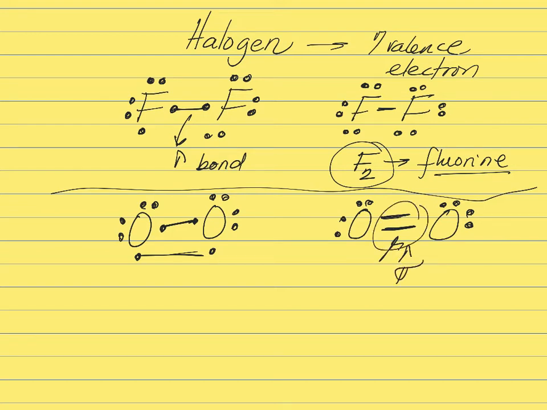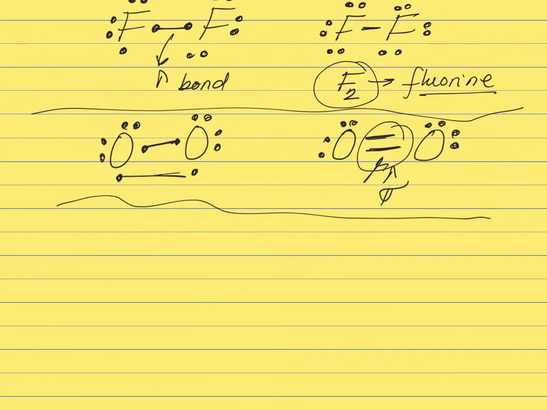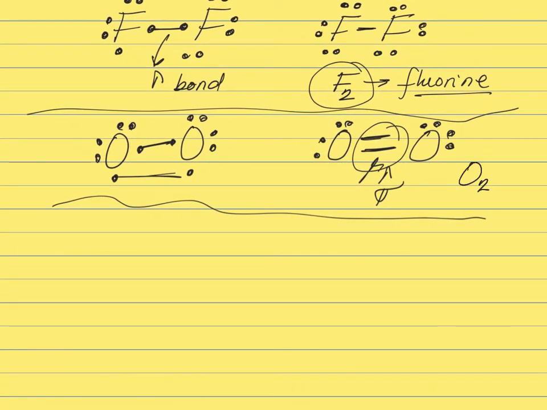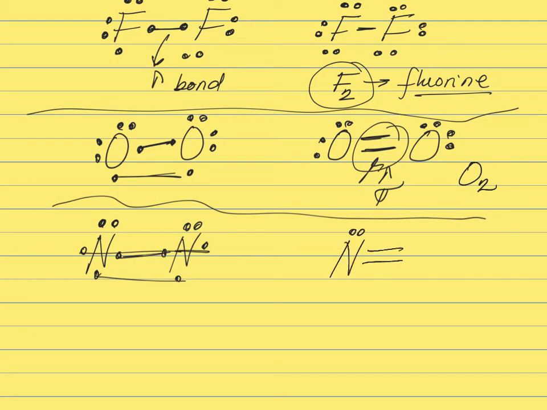And you have over here a double bond. And then you have the case, by the way, it's only nitrogen because phosphorus is not forming diatomic molecules. And then you have nitrogen sharing 3 pairs of electrons, okay, to form a diatomic molecule.